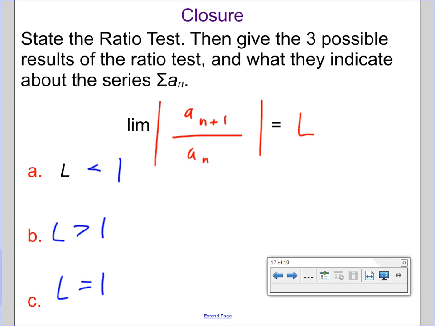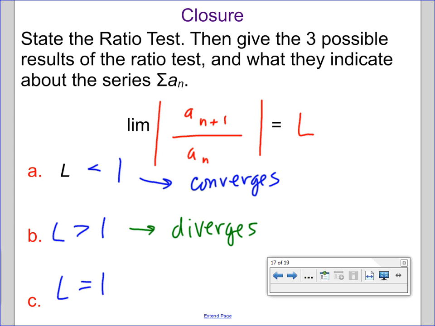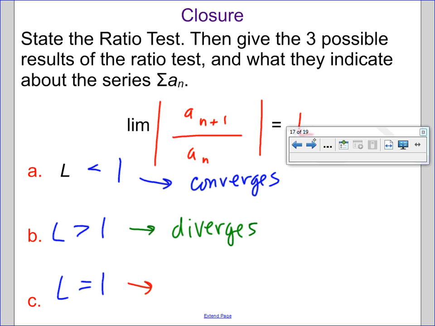If L is less than 1, what does that tell us about our original series, Vivian? It converges. If L is greater than 1, what does that tell us, Grace? Divergence. If L equals 1, what does that tell us, Kobe? Inconclusive. Yeah, nothing. If L equals 1, it doesn't tell us anything. It could still converge or diverge, and we need to do a different test.